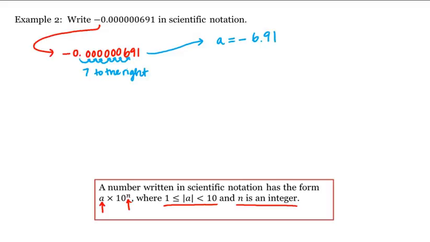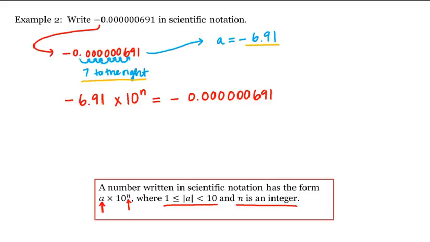But what about our n? We need to find an integer n such that negative 6.91 times 10 to the nth power is equal to negative 0.000000691. Well, since we moved our decimal point 7 units to the right to get to a, then to go in the other direction, we'll need to multiply by 10 to the negative 7th. So n here will be negative 7.